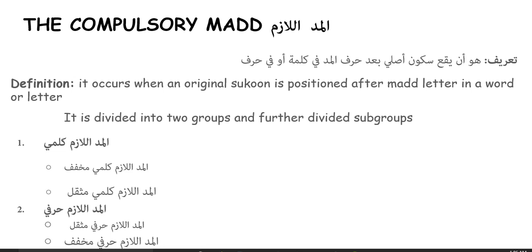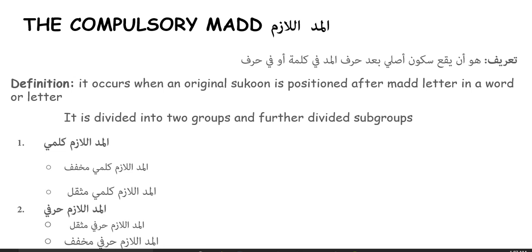It is from these that we are able to arrive at the two divisions of maddul lazim, which are al-maddul lazim kalmi, when the mad is found in a word, and al-maddul lazim harfi, when it is found in a letter.